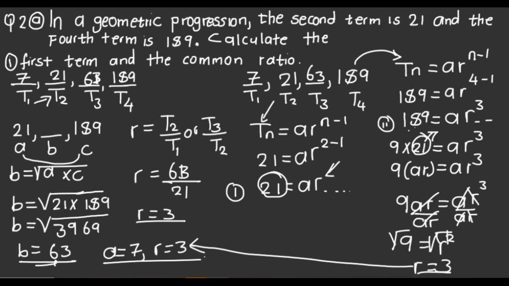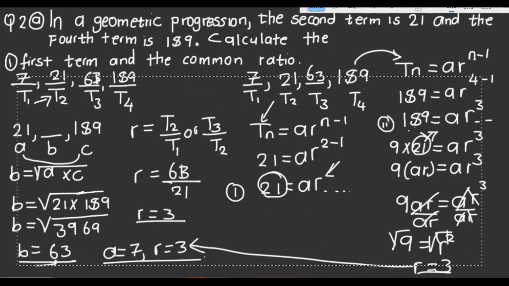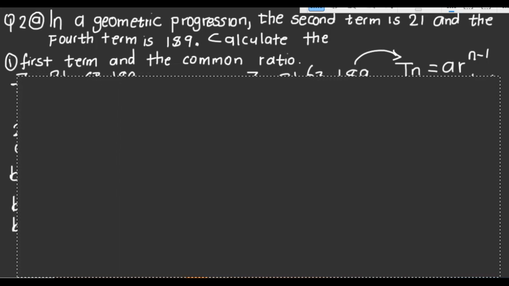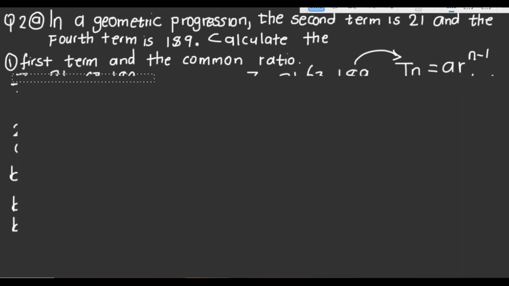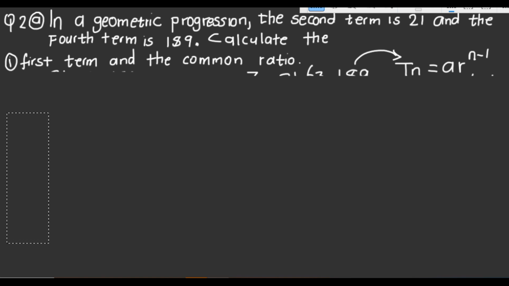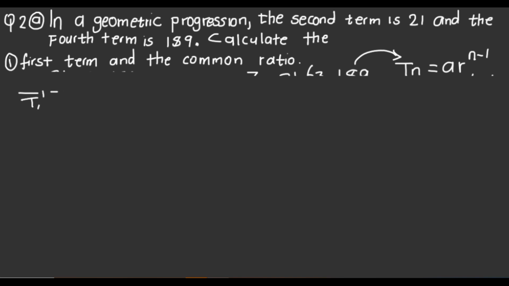Now let's see if we can find the same values by using another method. For this one, we'll just consider the two given terms. The first term we don't have, the second term we have it, 21. Then the third term we don't have, the fourth term we have it, 189.